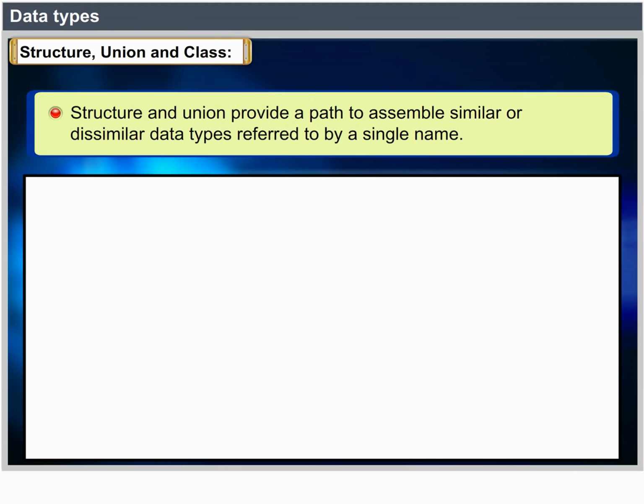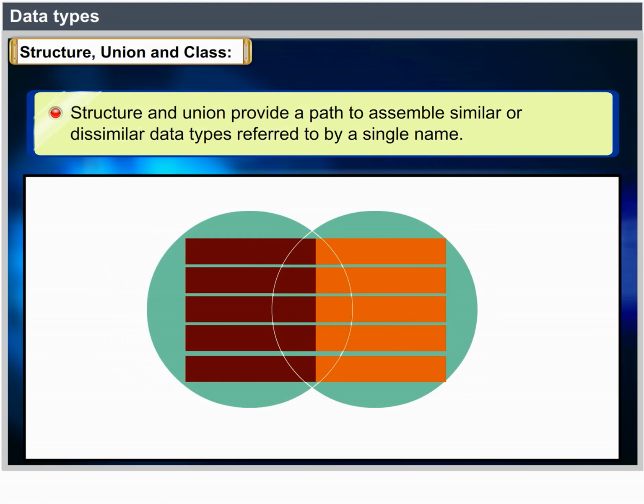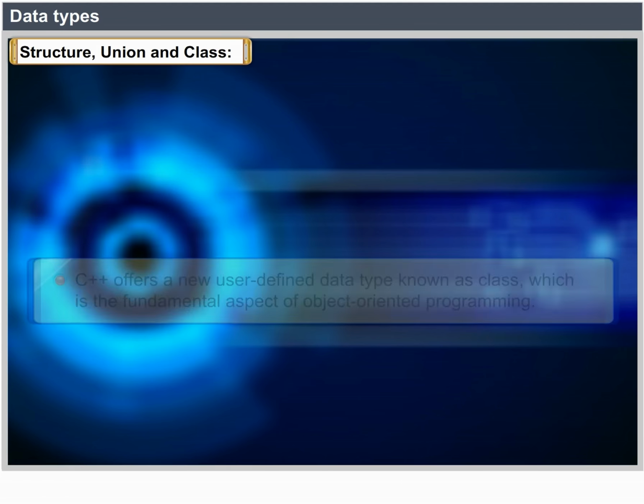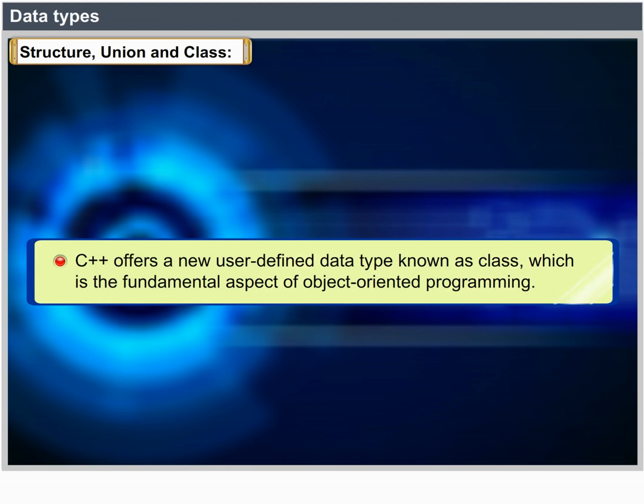Structure and union provide a way to group similar or dissimilar data types referred to by a single name. However, C++ has extended the concept of structure and union by incorporating some new features in these data types to support object-oriented programming. C++ offers a new user-defined data type known as class, which forms the basis of object-oriented programming.